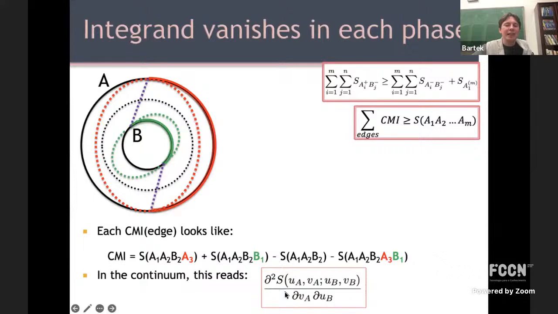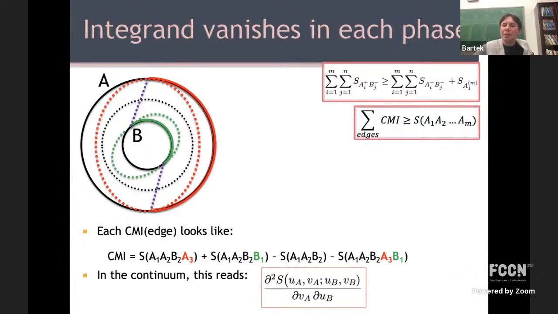This is the second derivative of the entanglement entropy of a union of two intervals which have endpoints uA, vA and uB, vB. And it's this specific partial derivative.